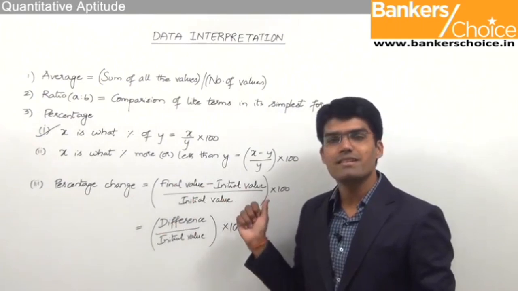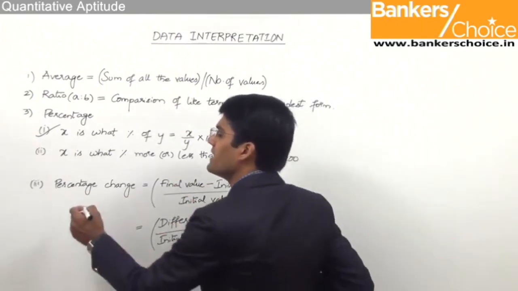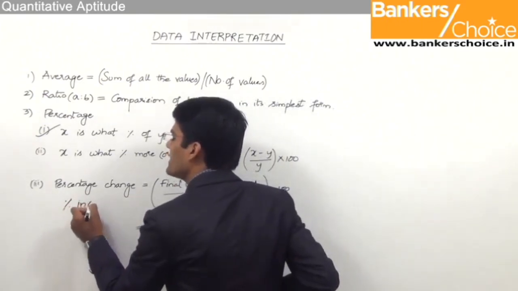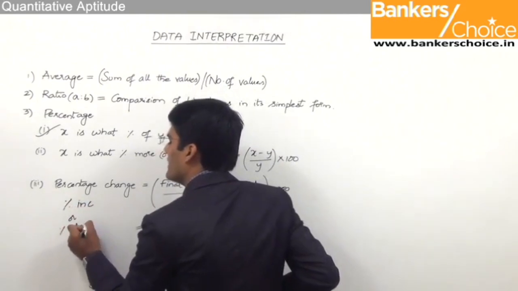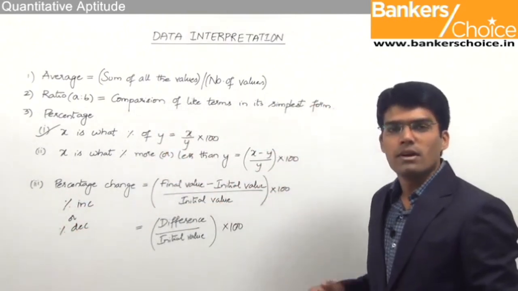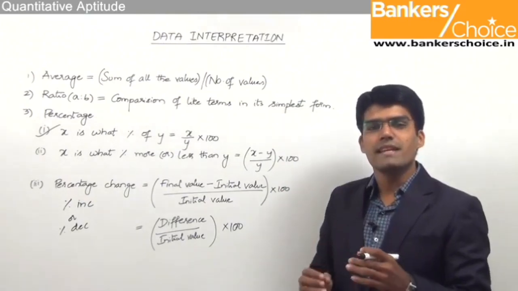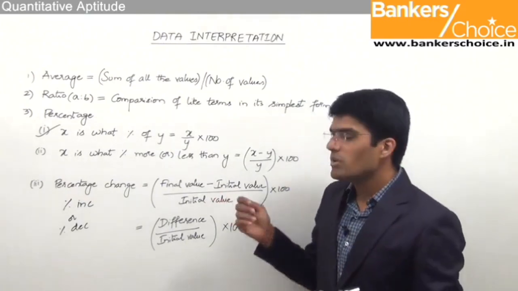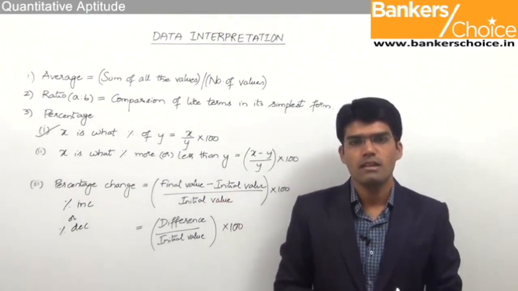So this is how percentage change, which can be either a percentage increase or a percentage decrease, can always be taken as final value minus initial value by initial value into 100. Again, we just need to decide what the two values are, substitute here and get the required answer.